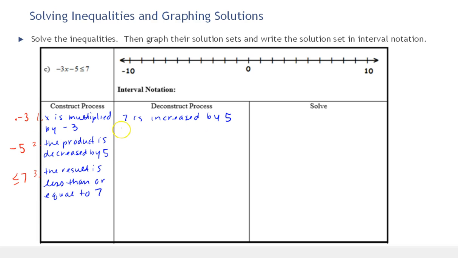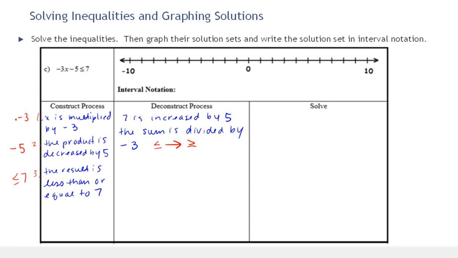So this was a sum, so the sum is divided by -3. And notice I just divided by -3, so I'm going to make a note here. I'm going to make it in red that the less than or equal to now goes to a greater than or equal to because we divided by a negative.